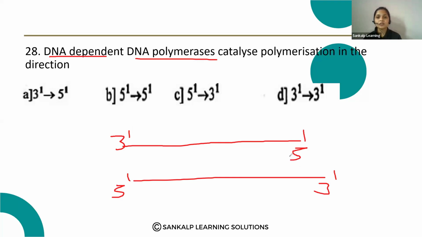The synthesis of the new strand always begins with the 5 prime end. The new strand is synthesized in the 5 prime to 3 prime direction, so that is the direction of synthesis.